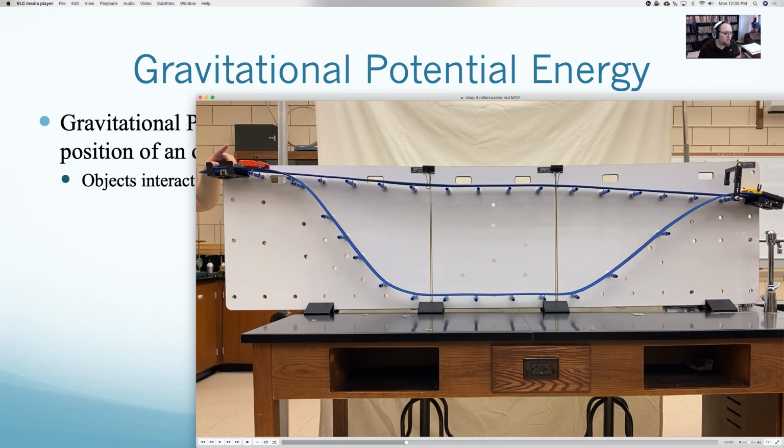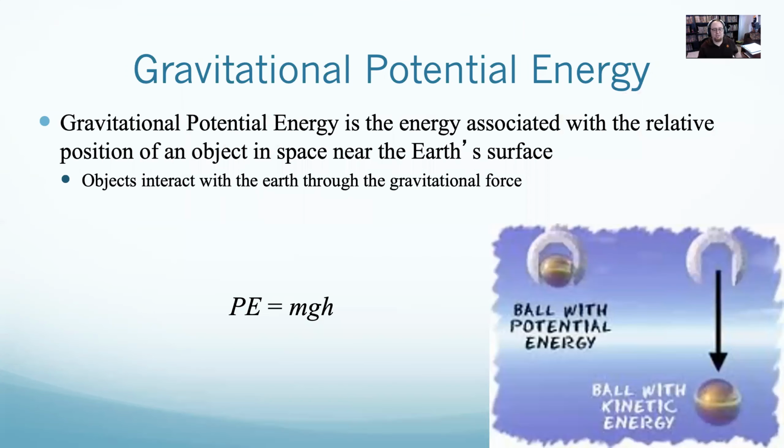The fact that the cart moved from here to there horizontally, that's nothing for potential energy. The only thing that matters is that it went from this height to this height, and that would be the increase in potential energy. Potential energy, once again, is just mgh.